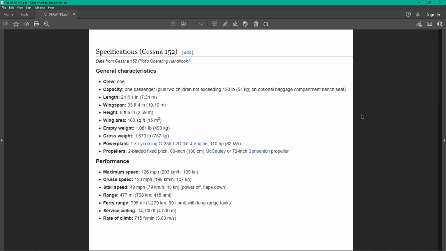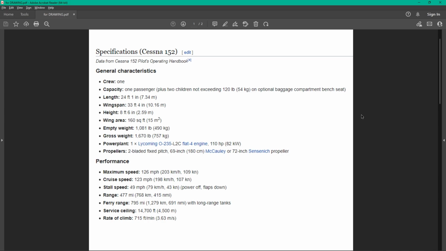The power plant it uses is one Lycoming O-235-L2C flat-4 engine. It has 110 horsepower or 82 kilowatts. For the propeller, there are two types. It can be a two-bladed fixed-pitch 69-inch McCauley propeller system or a 72-inch Sensenich propeller system.